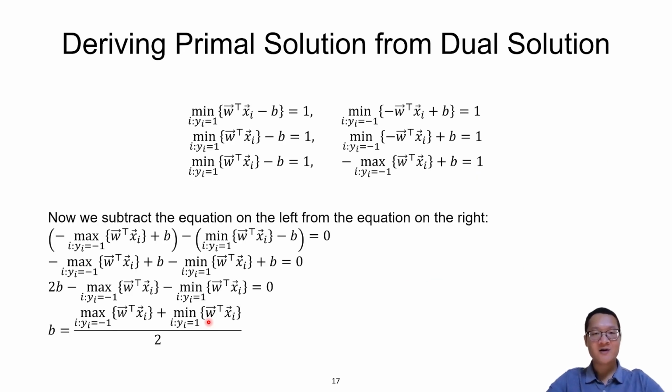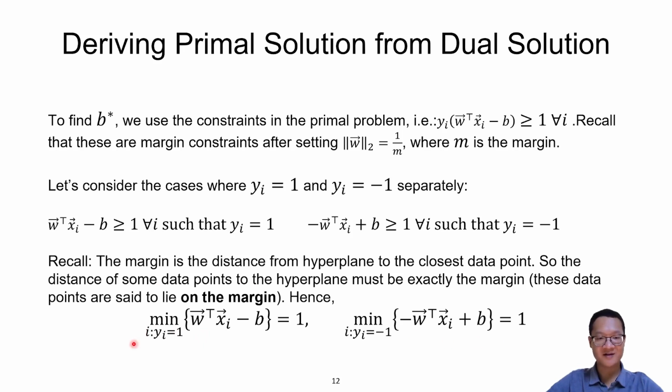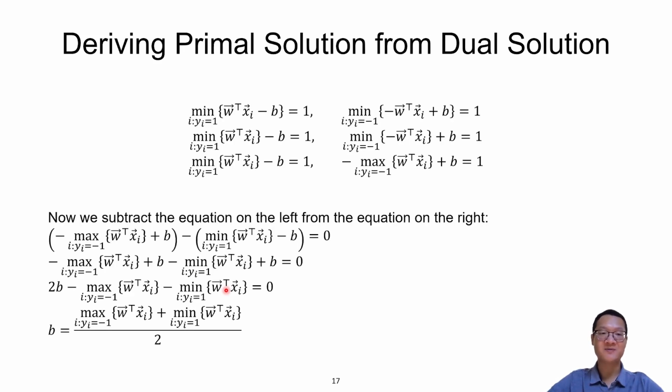Okay, so now it turns out that these two properties will allow us to obtain the optimal w and b given the optimal lambda.